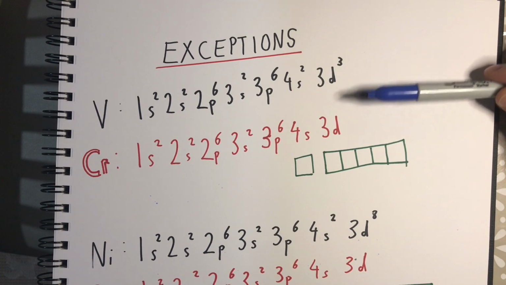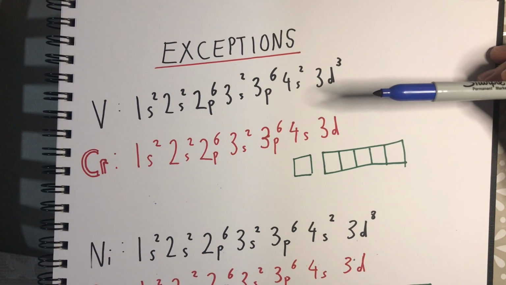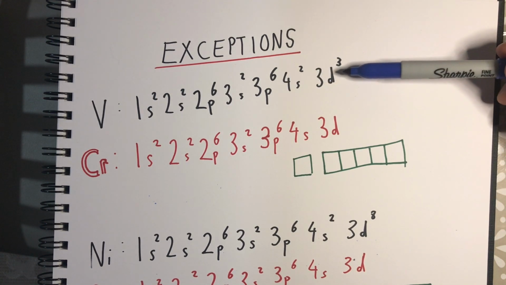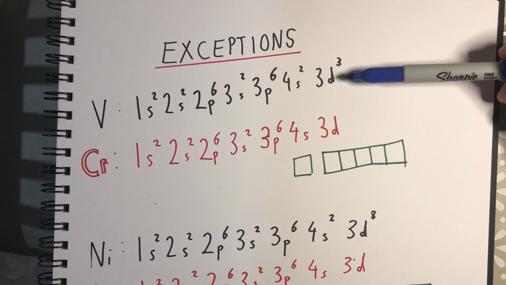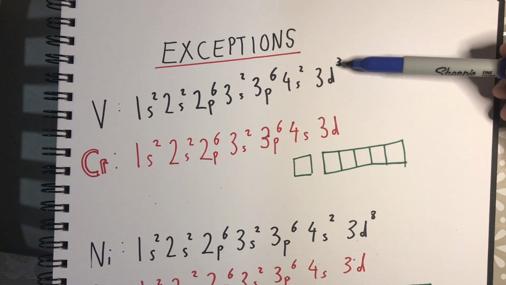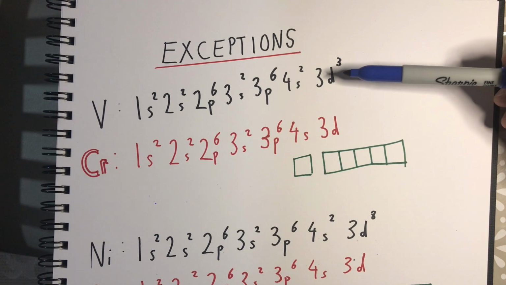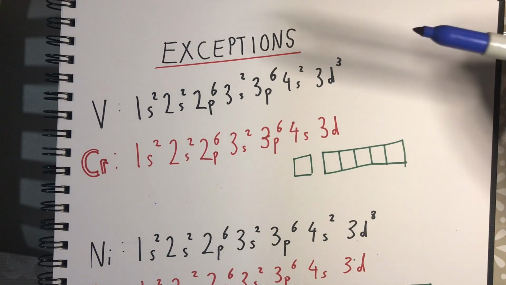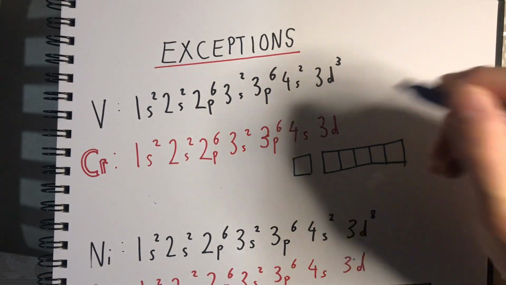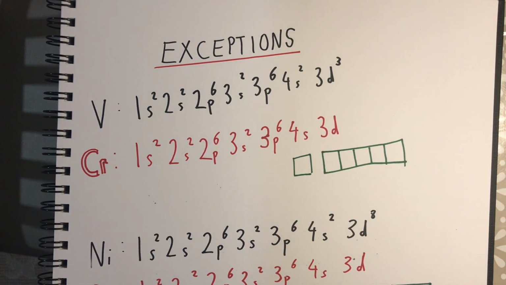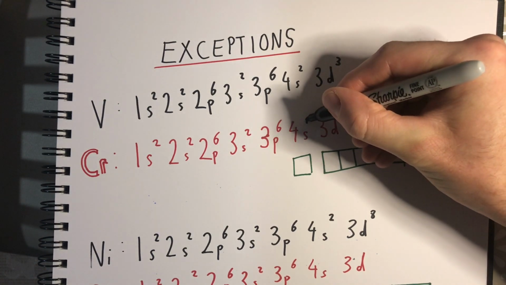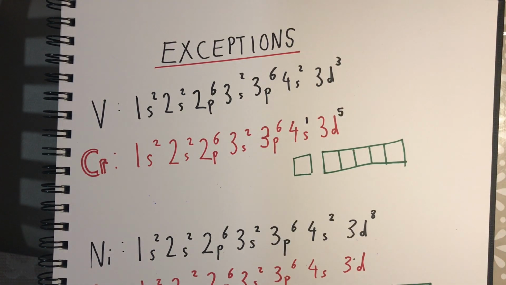After vanadium then, it's chromium. So just looking at the vanadium structure, you want to add one more electron to it. Therefore, instead of 3d3, you may expect it to be 3d4. However, what actually happens is we end up with 3d5, and this is 4s1 instead of 4s2.